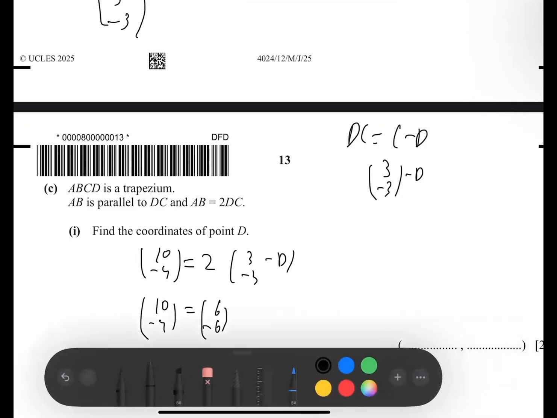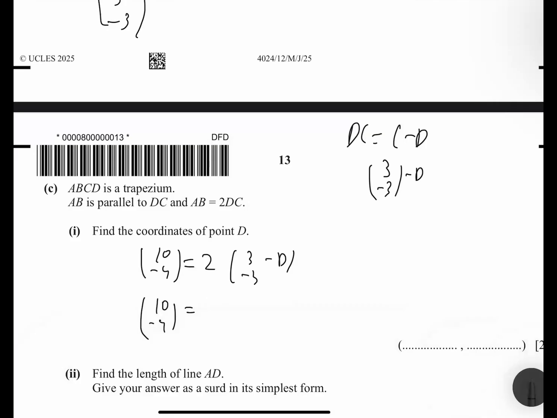A simpler method is to take 2 to the other side and divide it, since it's being multiplied here.